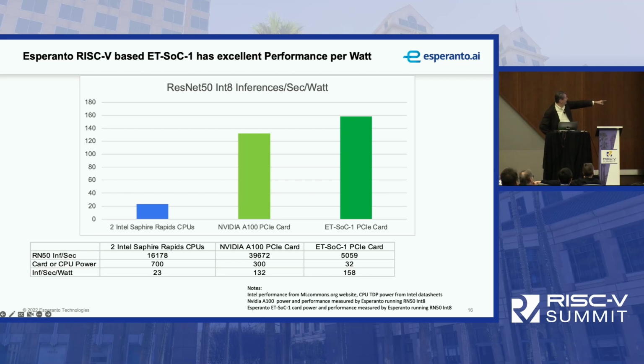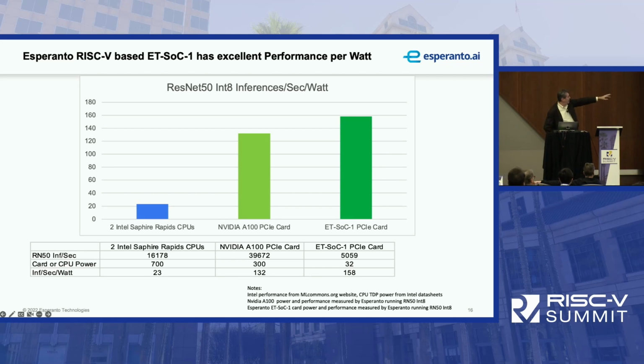And Intel gets a number running on 2 Sapphire Rapids CPUs of a score of 16,000. But each one of those CPUs has a TDP power of 350 watts, right? So they do 23 inferences per second per watt.